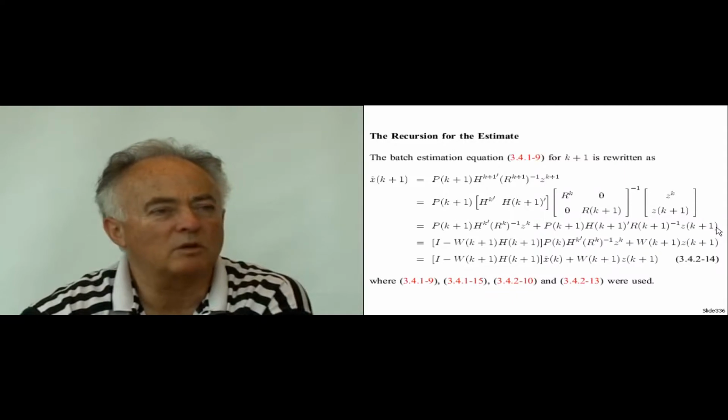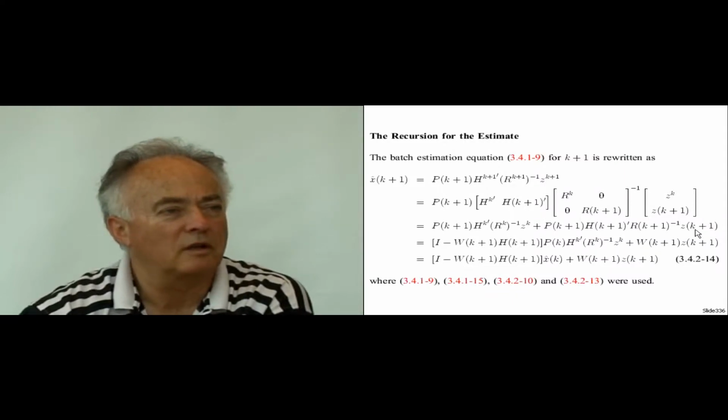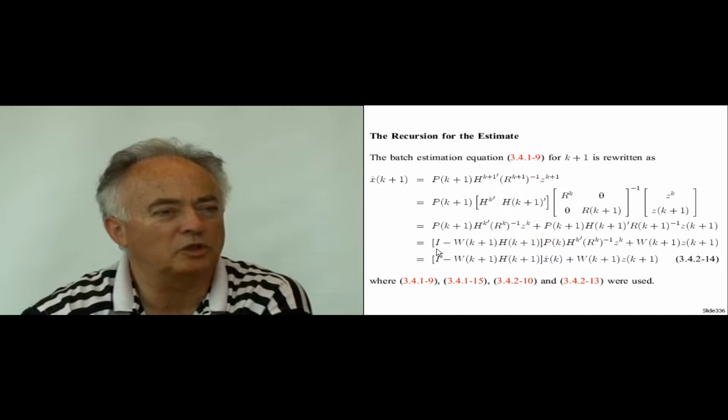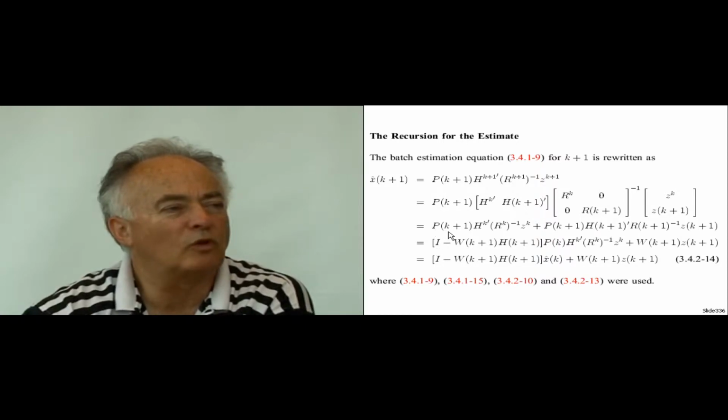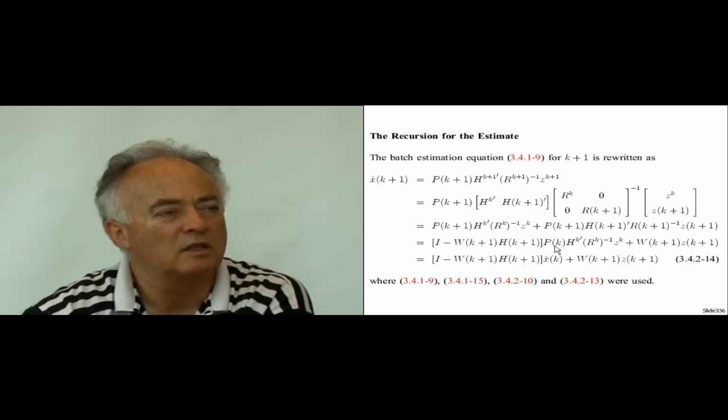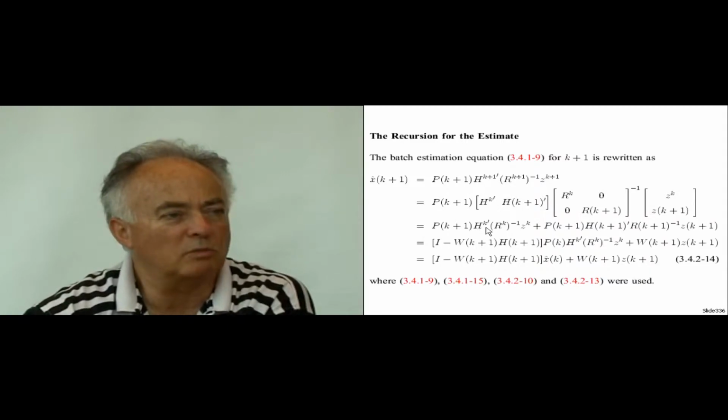So what we have now is an expression that one more modification will bring into an obvious recursive form. We use for P_{k+1} the most compact form of its recursion in terms of P_k, namely P_{k+1} is I minus W_{k+1} H_{k+1} times P_k, to be continued by the multiplication by H_k' R_k inverse z_k.